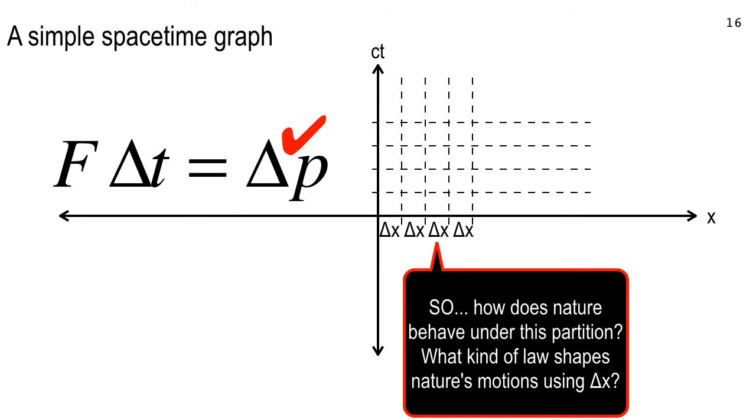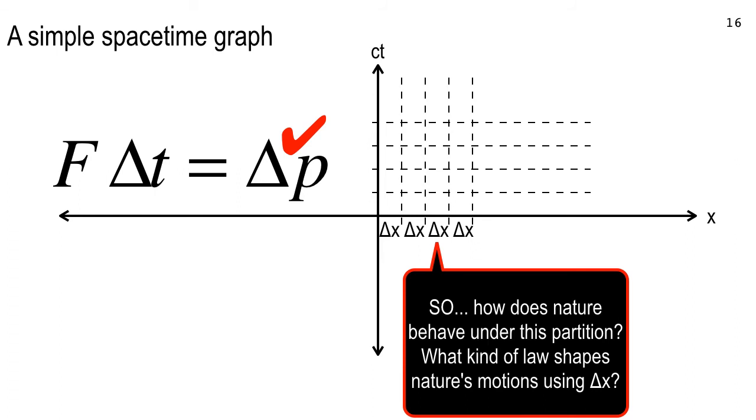If you partition your study spatially with delta x's instead of temporally with c delta t's, what law exists in nature that makes sense of the delta x's the way that the impulse law makes sense of the c delta t's? Connor.